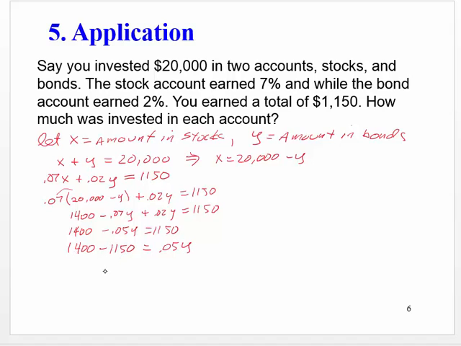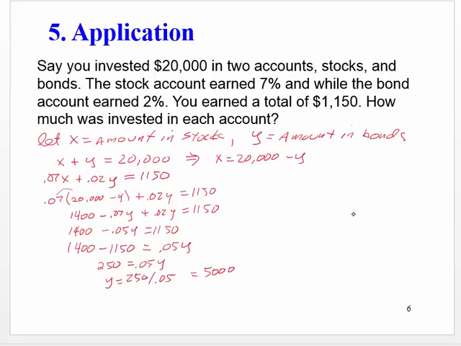That's equal to, and so then y is equal to divided by, and that's equal to 5,000.